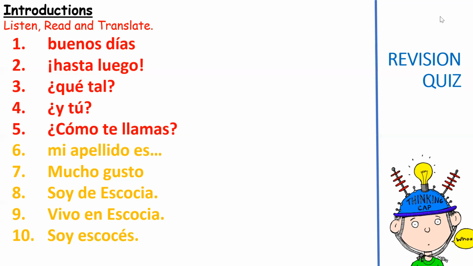Number 7, pleased to meet you. Number 8, I am from Scotland. Number 9, I live in Scotland. And finally, number 10, I am Scottish. And if you were a female speaking, we would change that to soy escocesa. I hope you did well.